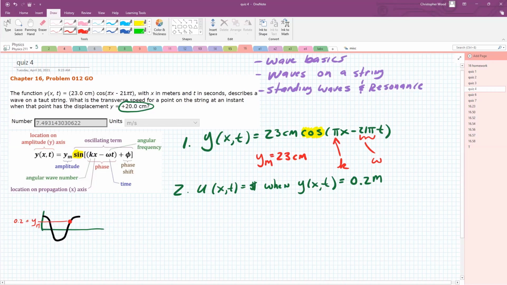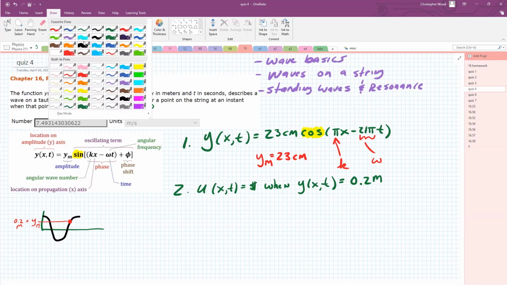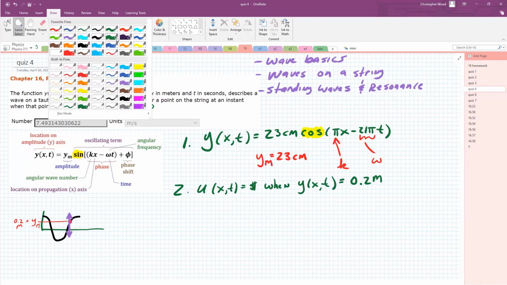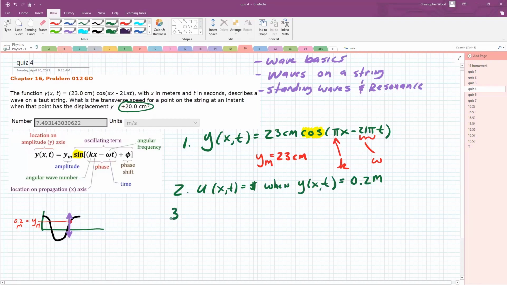At this particular moment, that red dot has a transverse velocity, this up-down velocity. So we're asking what is that transverse velocity at that particular y location? This is what we have to figure out.